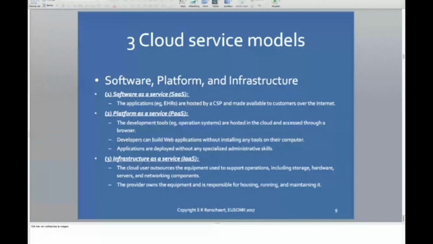Then the third one is infrastructure as a service, which means that the cloud user outsources the equipment, meaning the hardware, to a cloud service provider. So there's less local hardware necessary. For example, if you want to expand your storage capacity, you can outsource it. The cloud service provider owns the equipment and is responsible for housing, running, and maintaining it, not the hospital.